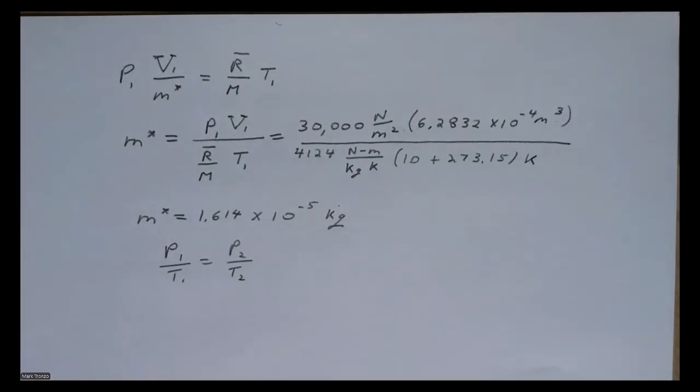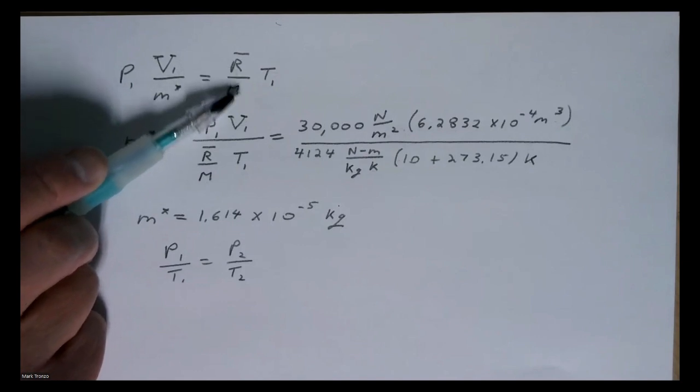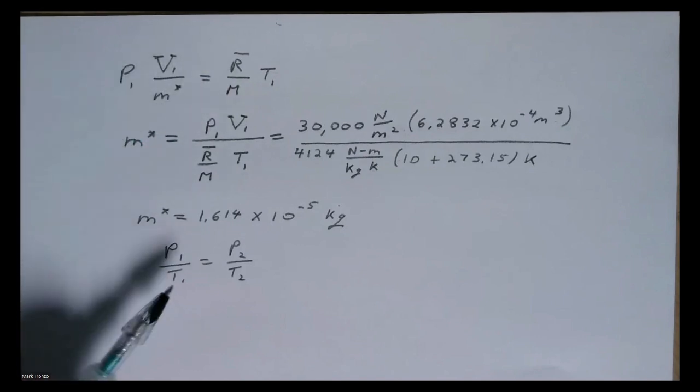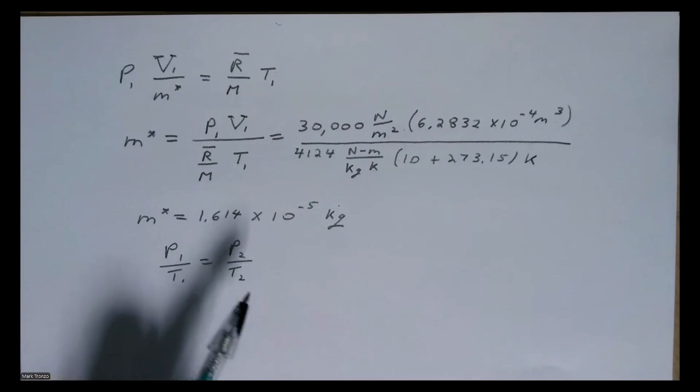You could sort of prove this by bringing T1 over here, bringing everything else to the right-hand side, and that right-hand side is going to be the same for P1 over T1 as well as P2 over T2.